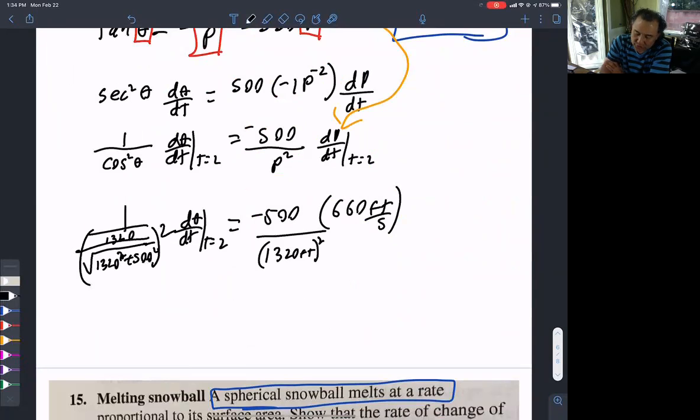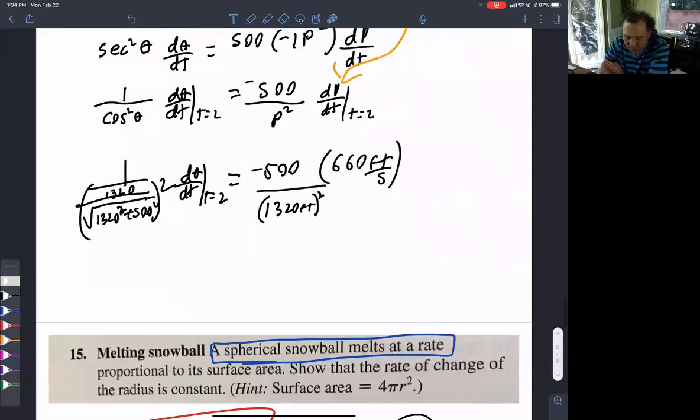But that whole thing is squared because cosine is squared, so I have to square the whole thing. Wow, I'm running out of room. Okay, I am dividing a number by a fraction. I'm going to multiply by the reciprocal. So the top will be 1320 squared plus 500 squared, and the bottom will be 1320 squared. Why? Because these are being squared. So when I square the square root, they cancel.